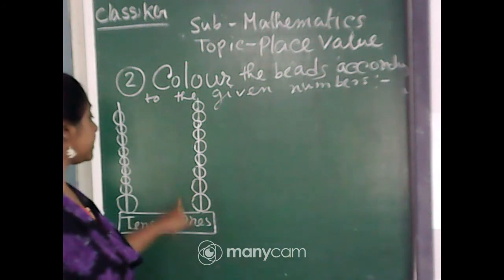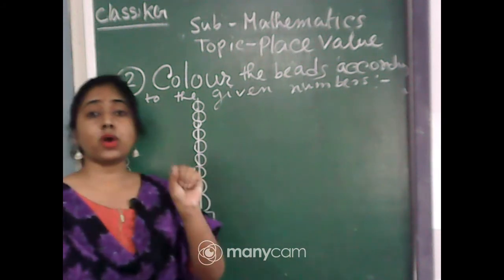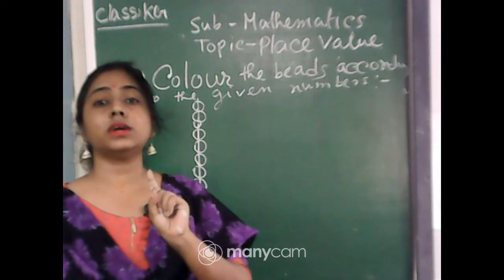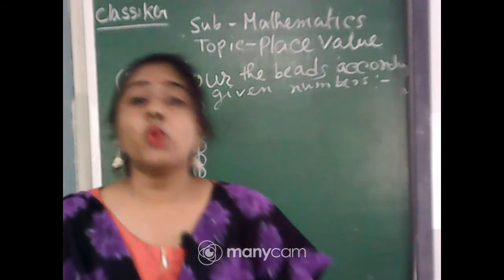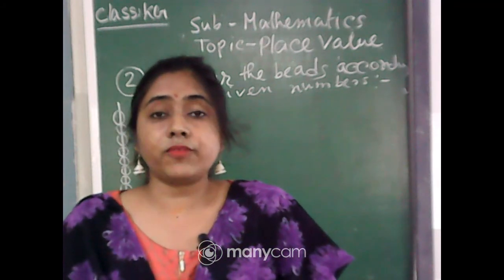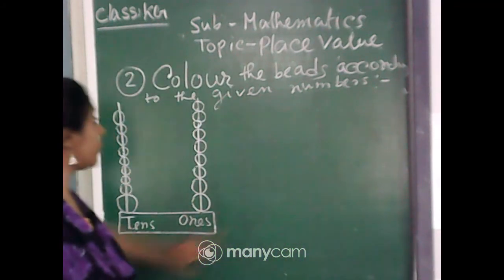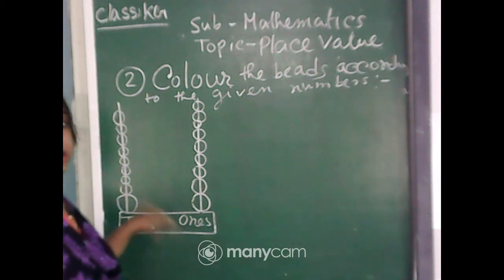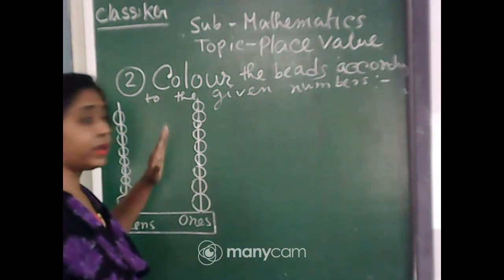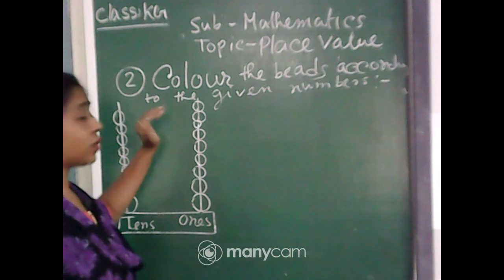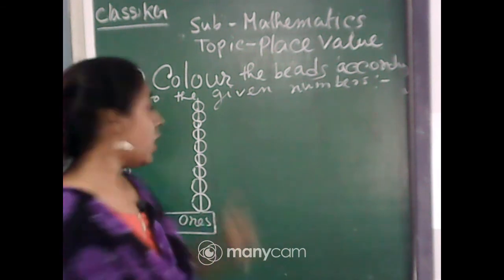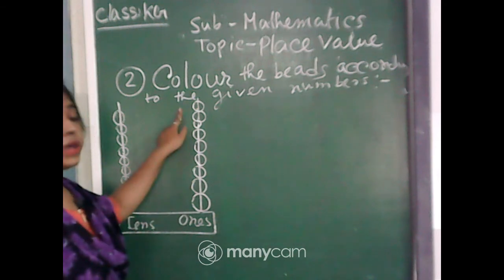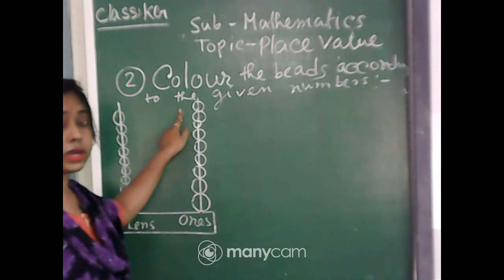In a single rod we have drawn only 9 beads, not 10, because most of the students drew 11, someone drew 12, 13. No, that is wrong. Only 9 beads we have to draw here.